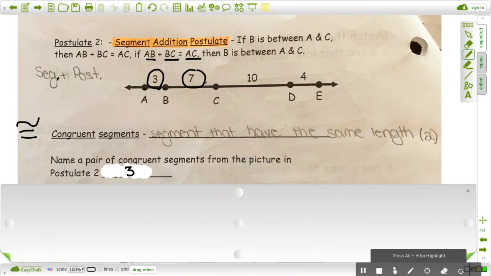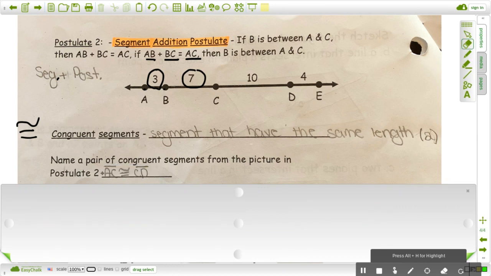As I told you, segment AC is congruent to segment CD. You can't write the length. The length talks about the specific distance, but this is talking about the segments in general, if that makes sense.